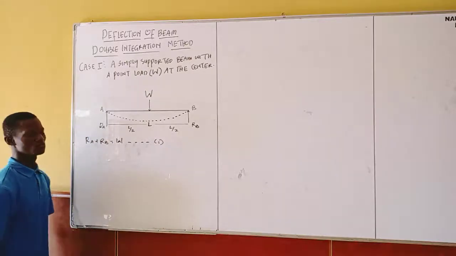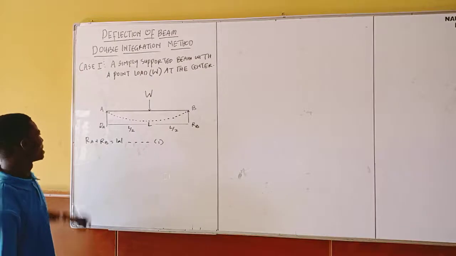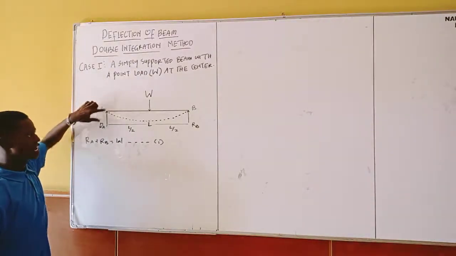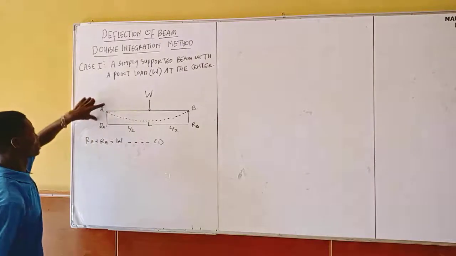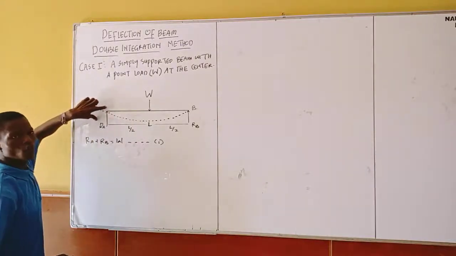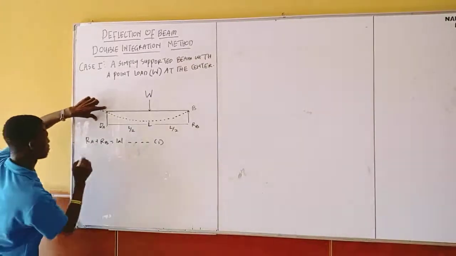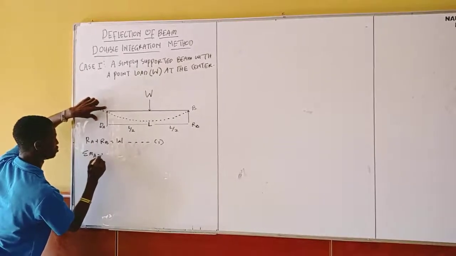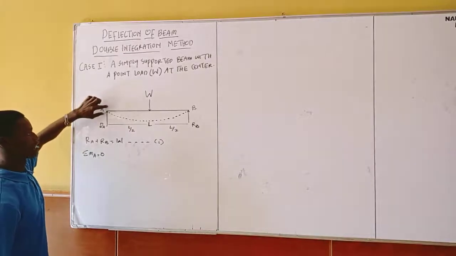The next thing is to look for my moment. I can decide to take my moment at point A, and you can decide to take my moment at point B. If I take my moment at point A, the moment of the forces at point A will be equal to 0. You understand? At this point I'm having 0.